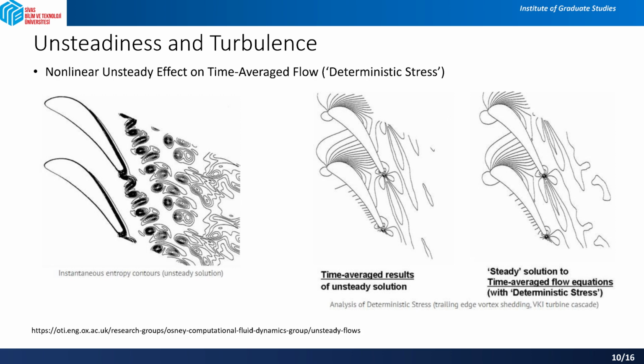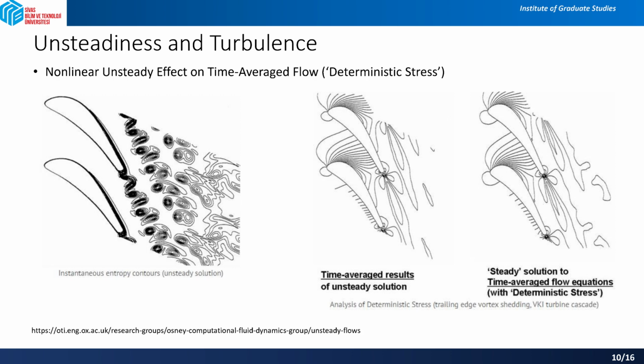This is another study in the UK, where they were able to use some modeling with time average of unsteady motion, and then the solution of the time averaged flow equations with deterministic stresses. Again, I put the reference in here. You can go to that paper and read it as well.